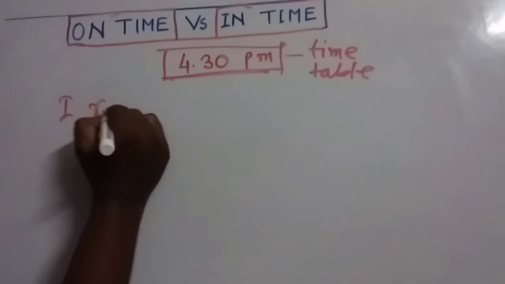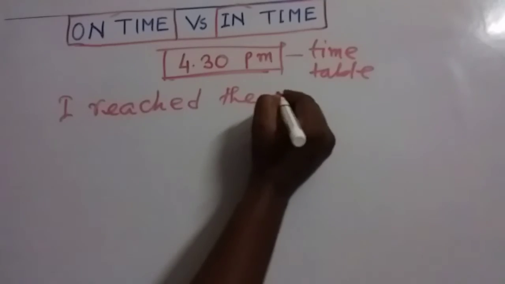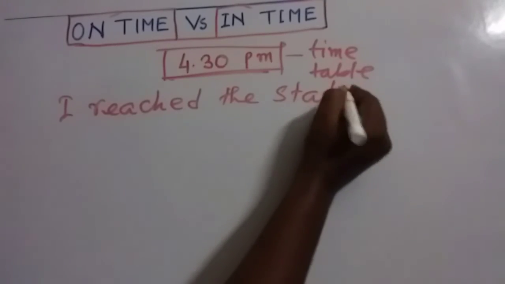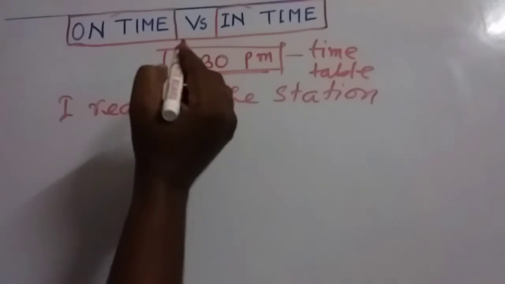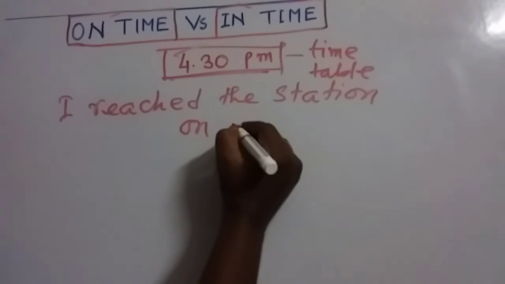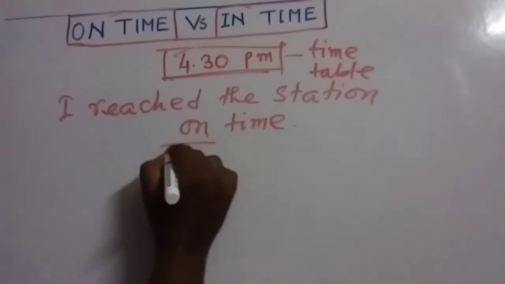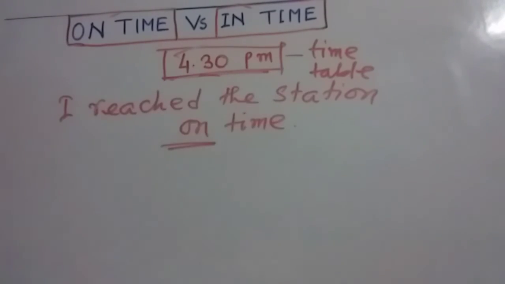I reached the station exactly at 4:30. That means on time. It means exactly at 4:30 I reached the station.